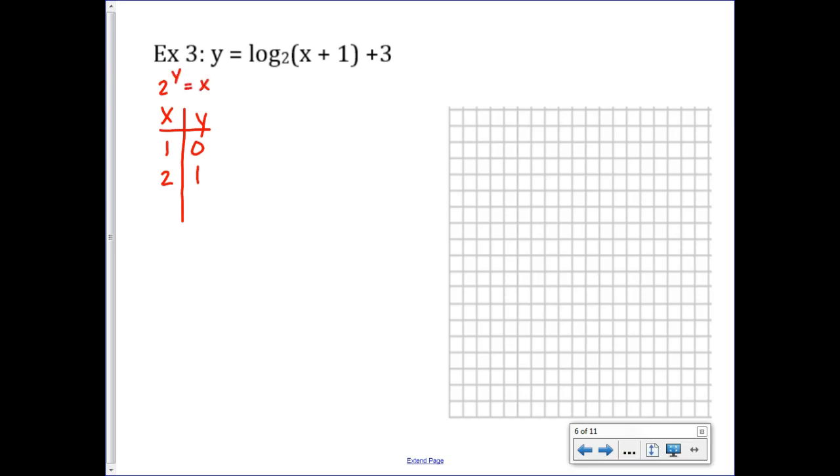So if we plug something in for y, like 2 to the 2nd power would equal 4. You're welcome to plug in as many of those points as you want to help you out. And then notice that we are moving left 1, up 3. So left 1, up 3.